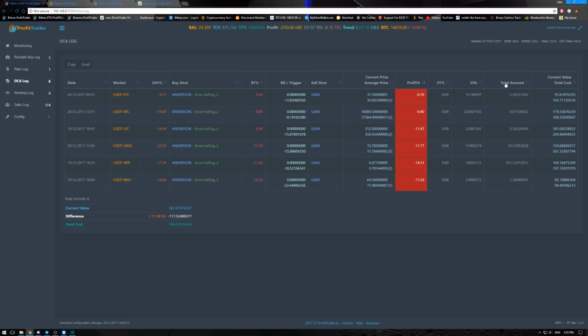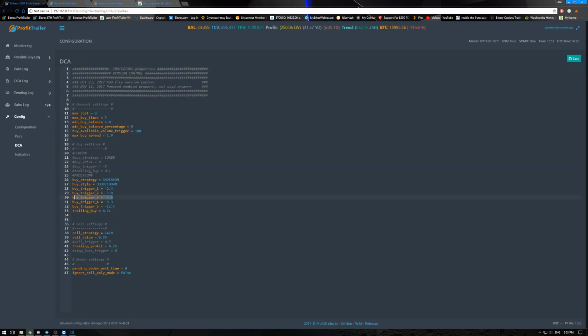Very hard to explain on a live chart like this. That's going to bring your average price down again, and it's going to put a little number 2 in here, so it's DCA'd a second time. No worries. And again, let's say it keeps trailing down, hits our third trigger, minus 5.6. You know what it's going to do?